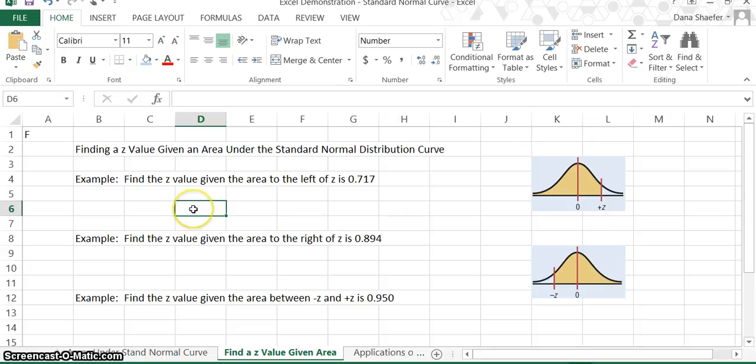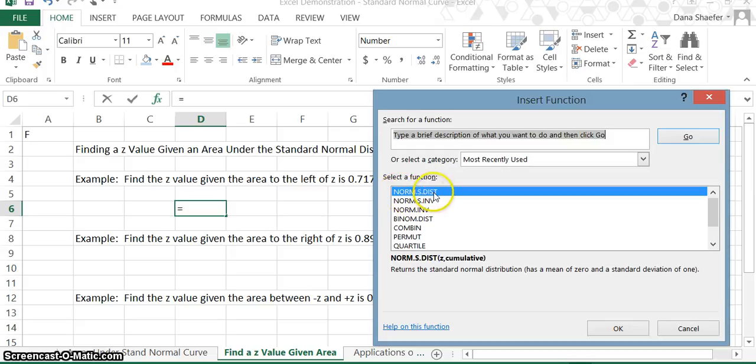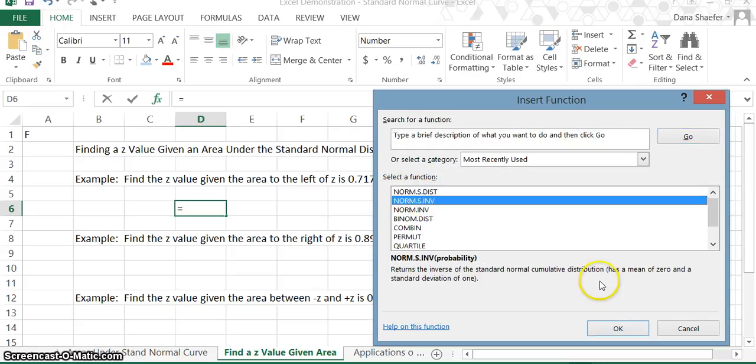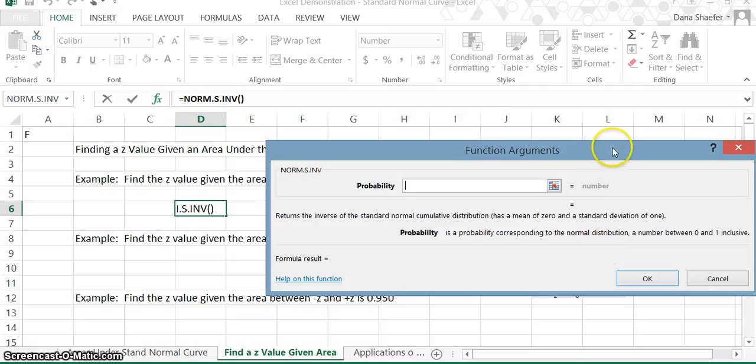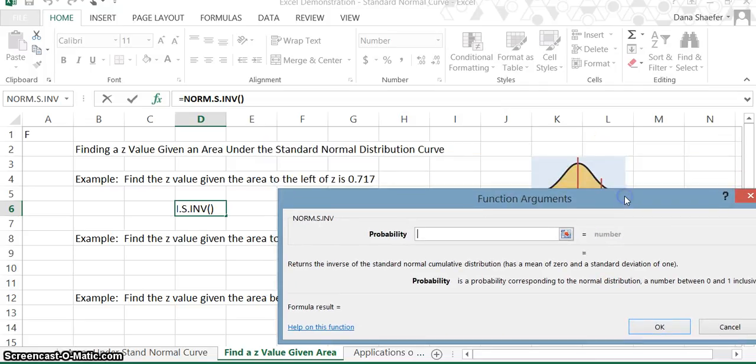So let's use that distribution, the NORM.S.INV. Okay. And now we're going to put that probability in there, the probability of 0.717.